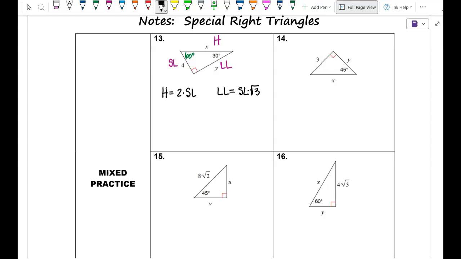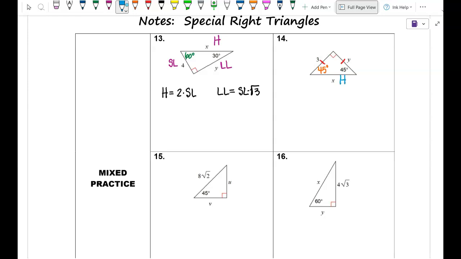Number 14, I have a 45 and a 90, so the other angle has to be 45. That's the only way it can all add up to 180, which also means this is an isosceles right triangle, so I know that these two legs are congruent. Opposite the right angle is X, so that's representing my hypotenuse.